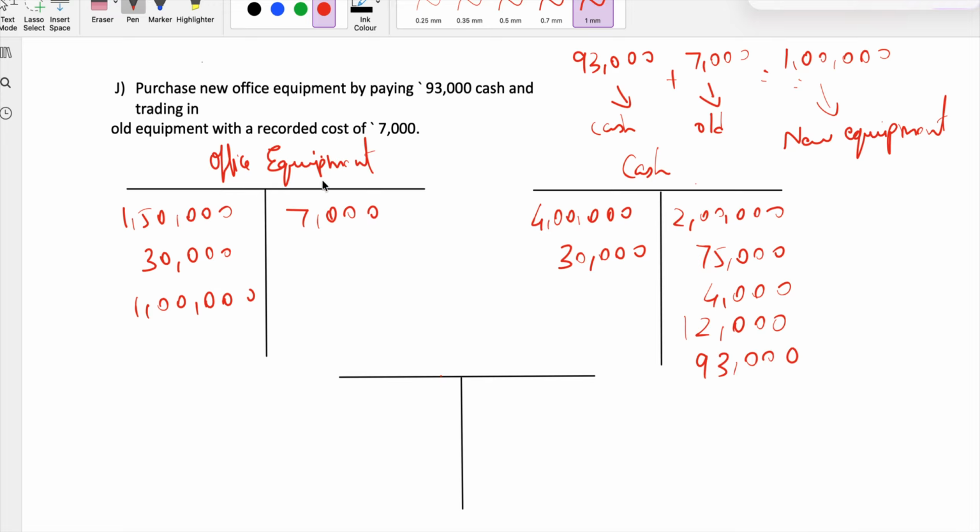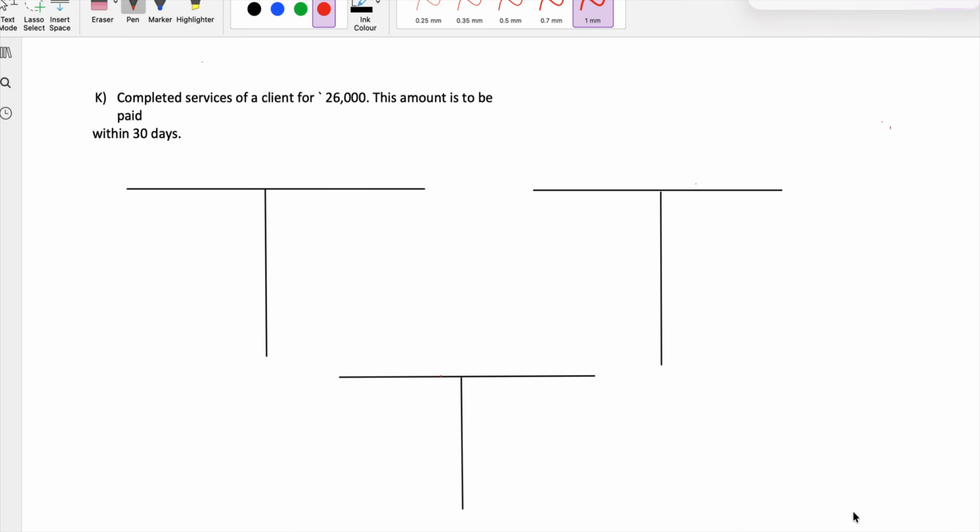And if you see in office equipment side, so 1 lakh of office equipment new asset has been bought, so there is an increase in asset, we are debiting it. And 7,000 worth is being sold. So net, if you subtract these both, 93,000 is debited. Okay. Likewise, cash, 93,000 is credited. So debit and credit is happened with the same amount.